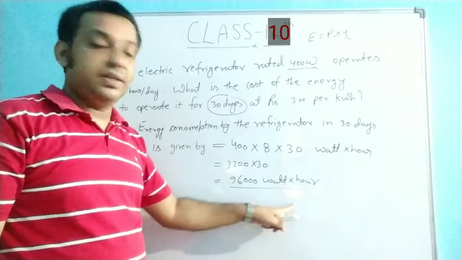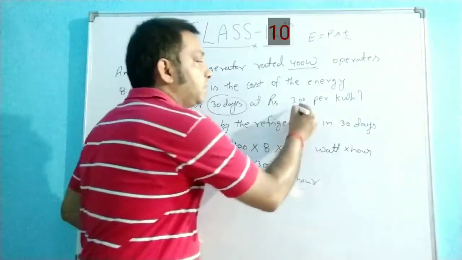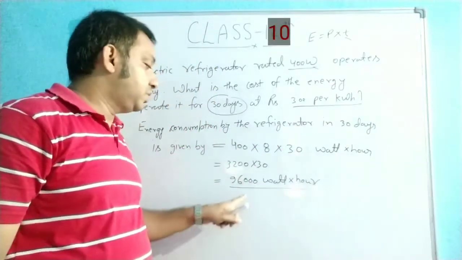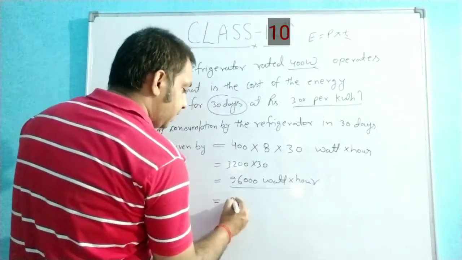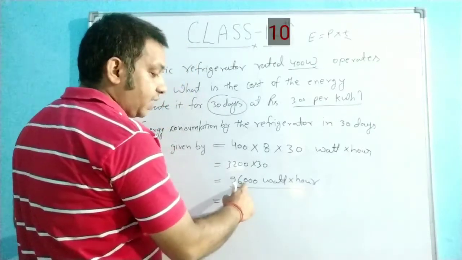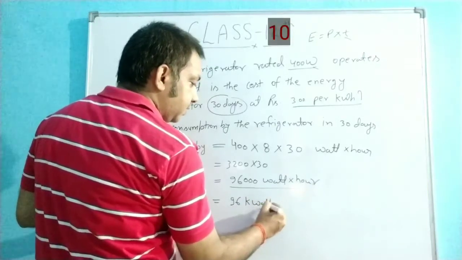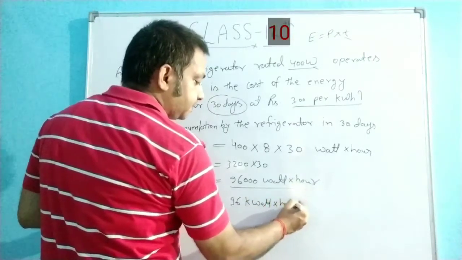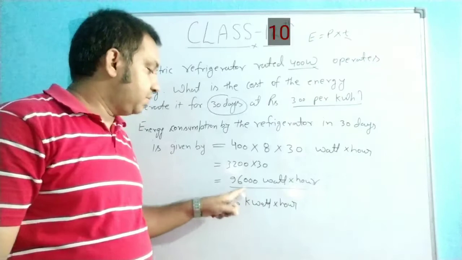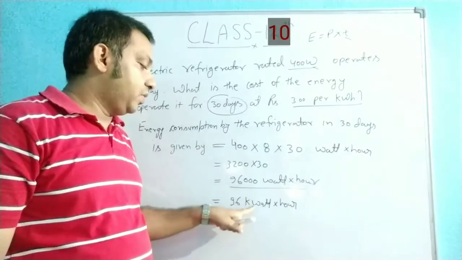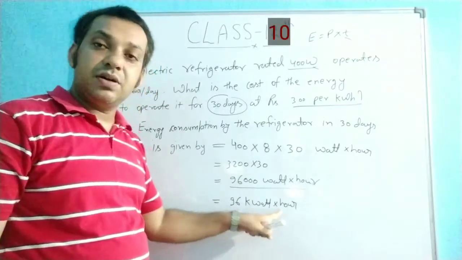But we have to convert this watt hour into kWh, because the cost is given for kilowatt hour. Simple, we can convert watt hour into kilowatt hour by dividing by 1000, so 96,000 divided by 1000 becomes 96 kilowatt hour, called kWh.